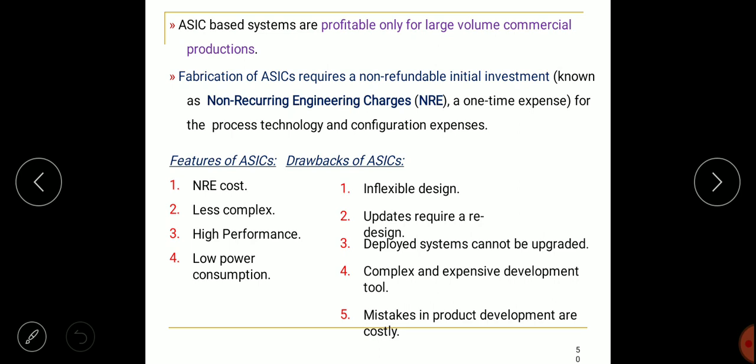Just go through them: inflexible design, updates require a redesign, deployed systems cannot be upgraded, complex and expensive development tools, and mistakes in product development are costly. These are some drawbacks of ASIC chips.